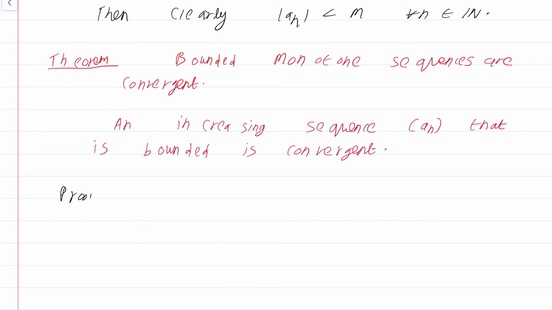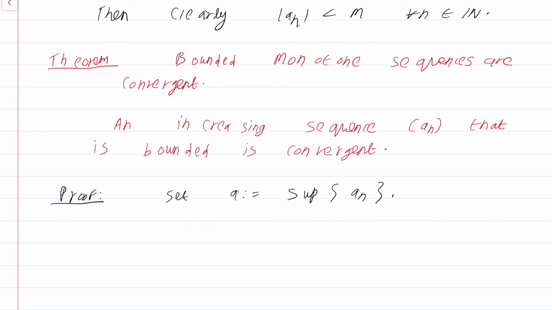Proof. To show that a limit exists, we need some candidate. This sequence is increasing, but it cannot increase beyond a particular point, capital M, simply because the sequence is bounded. So we will set A to be the supremum of all the a_n's.